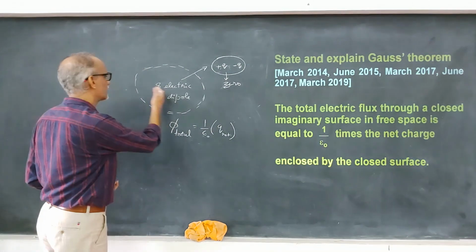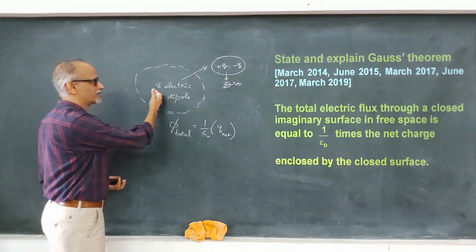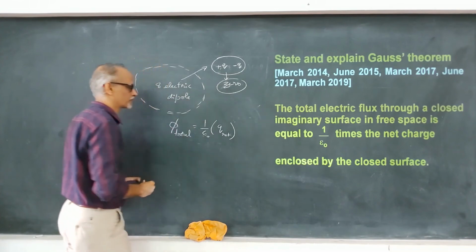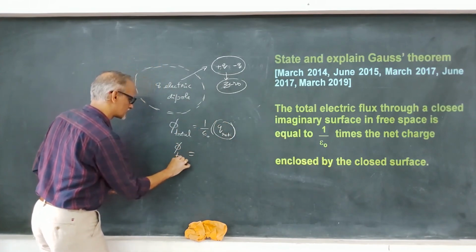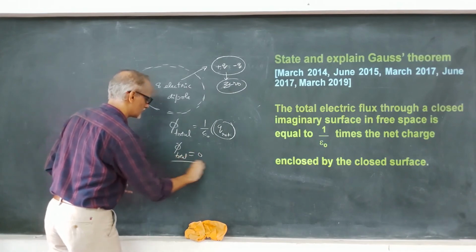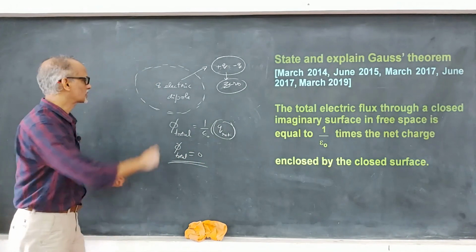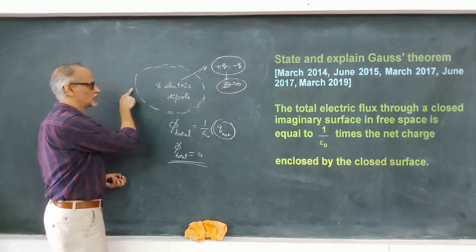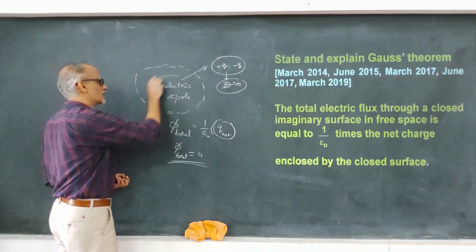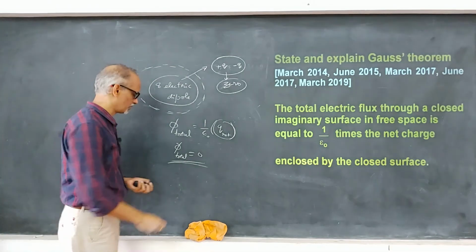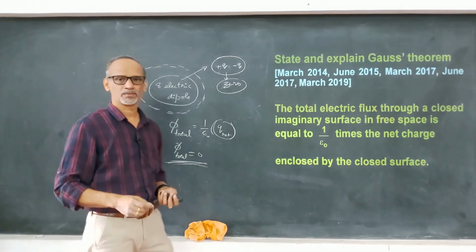That means even if you take 8 or 80 or 800, the net charge will always be 0. So when that is 0, what is the total flux? It is 0. So the total flux through a closed surface enclosing any number of dipoles is always 0.